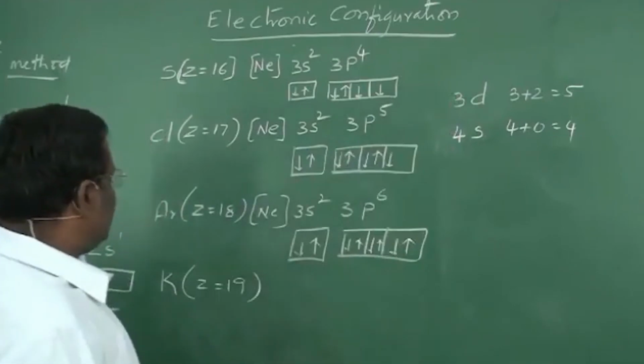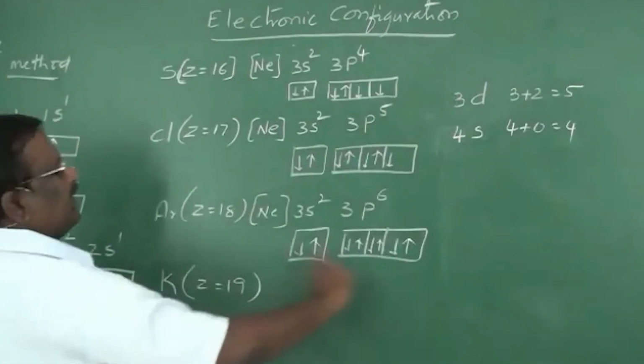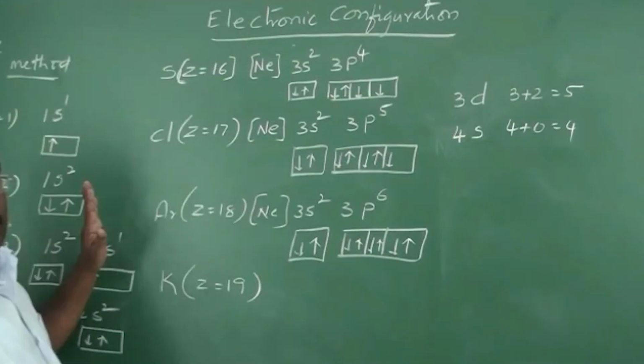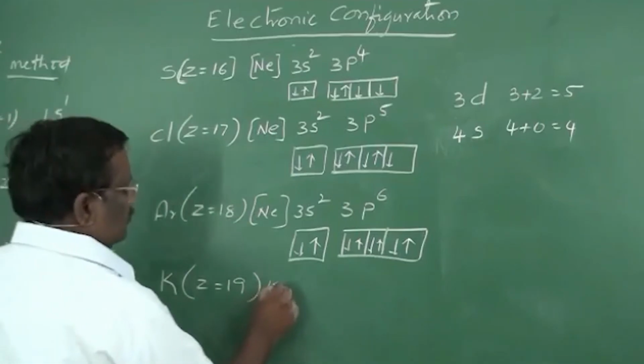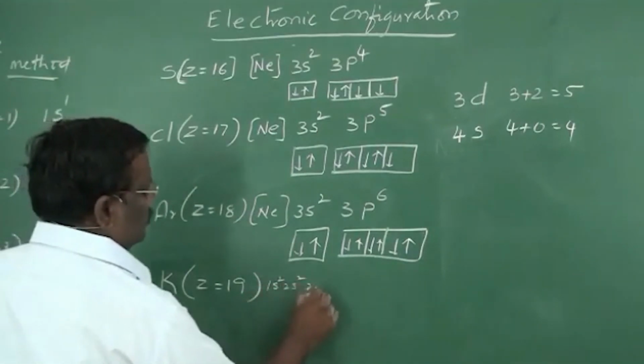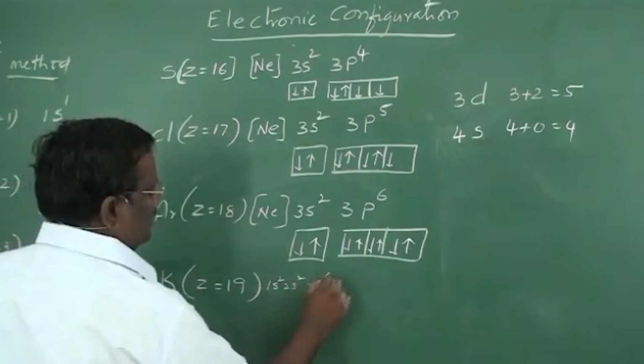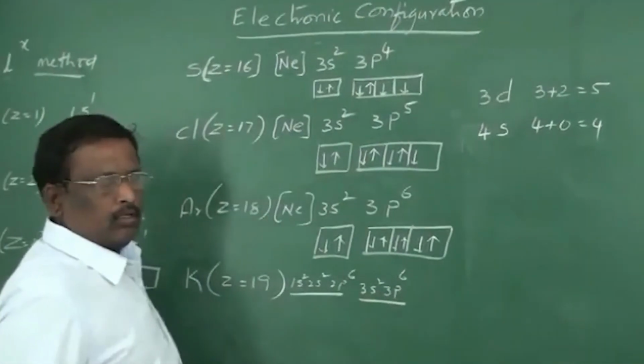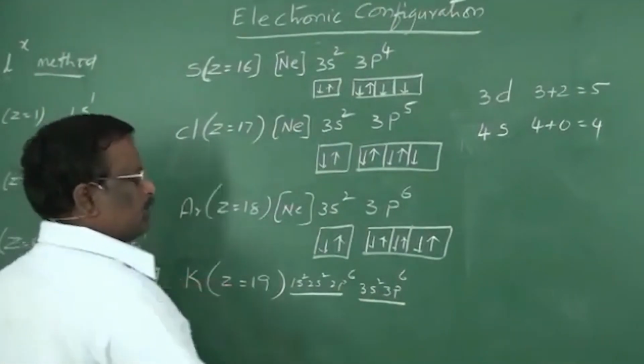So in potassium, the first 18 electrons will arrange just like the 18 electrons of argon. That is 1s2, 2s2, 2p6, this is neon, then 3s2, 3p6 up to argon, and the 19th electron will enter into 4s1.